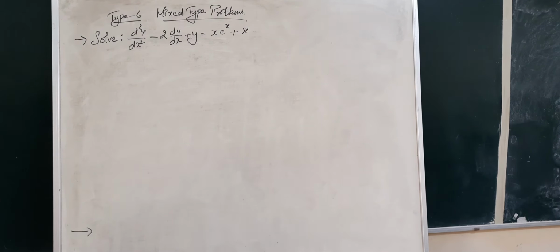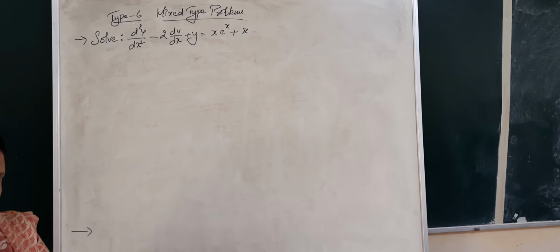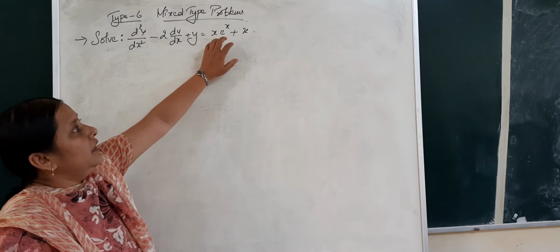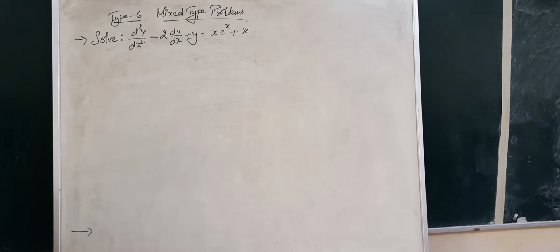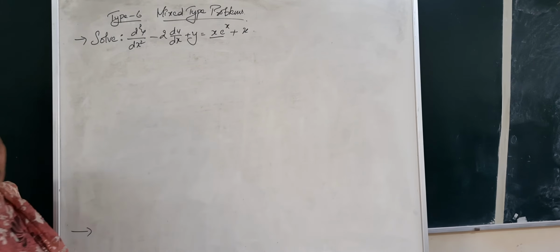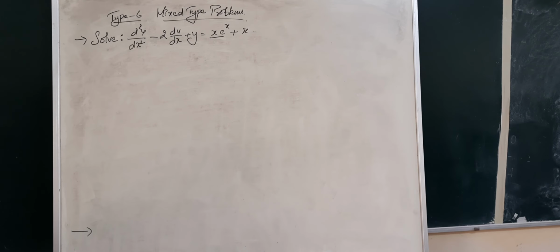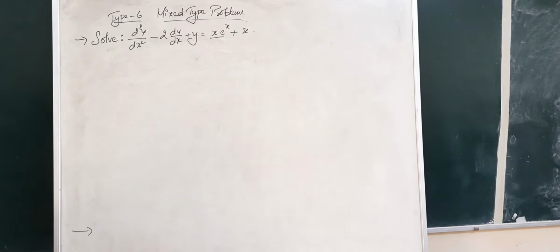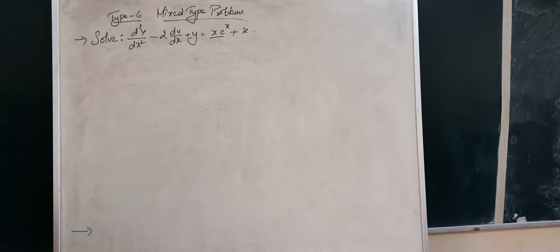Okay, so this is the question. Why is this mixed type? You can see here the RHS has 2 terms exactly, and one has a product of 2 terms. The other one is a single term. So we got to see how to solve them. Basically they have to be solved separately.